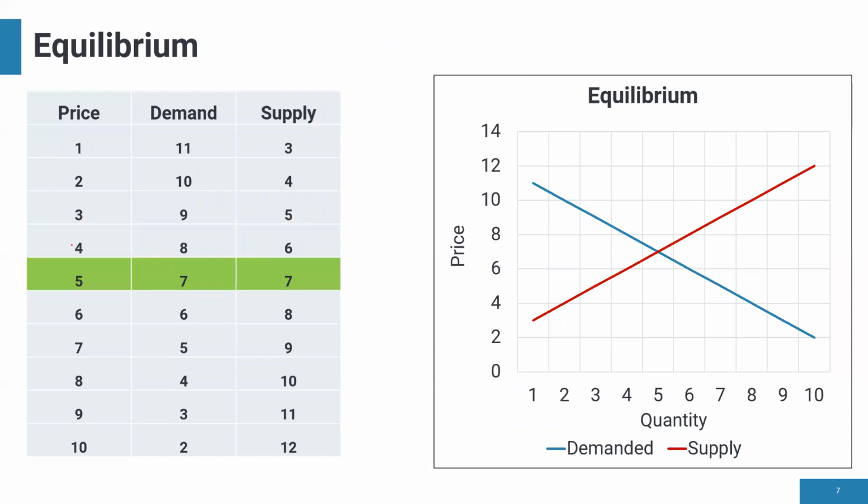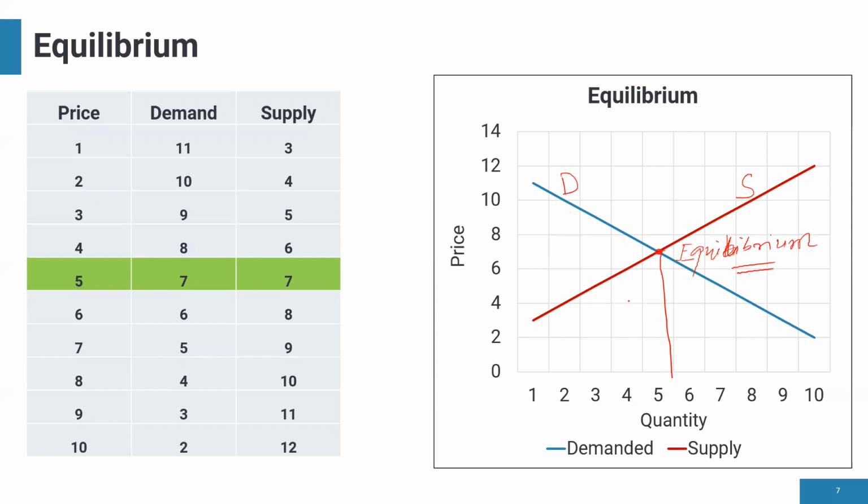So here this is our demand and this is our supply. This is the demand from the consumers, and this is the supply, represented here. Now you see this point is known as equilibrium. What is equilibrium?